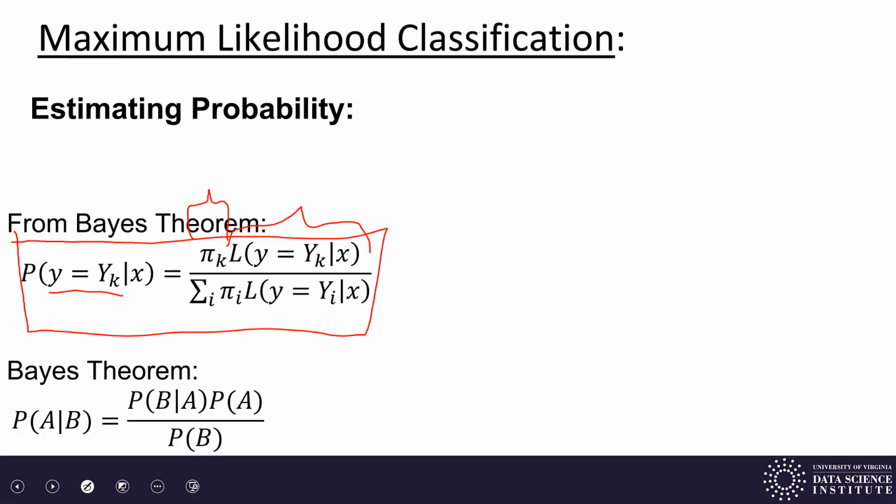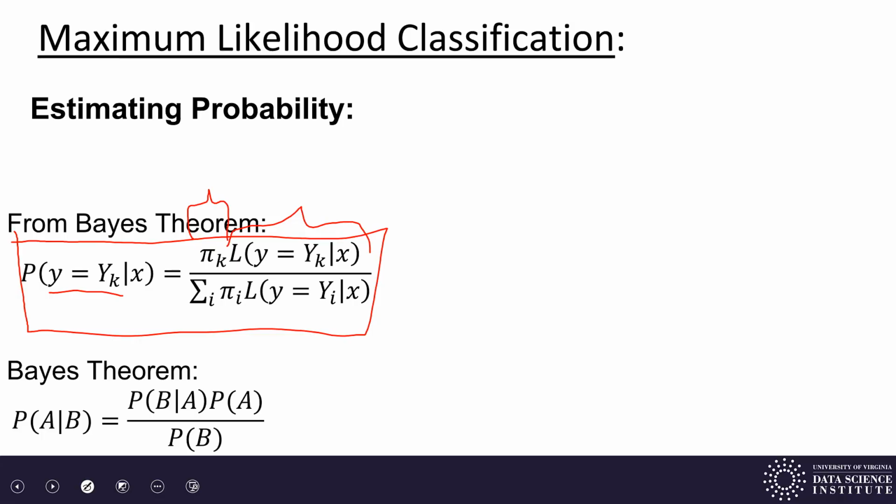For example, if we had a data set with 2 classes and only 10 observations from one and 1,000 from the other, we would a priori, meaning before we start doing anything or prior to our estimates, expect the probability for the class that only has 10 observations to be much smaller. It would be 10 divided by 1,000 plus 10, and that would be given in that pi sub k. That's the prior probability for that class.